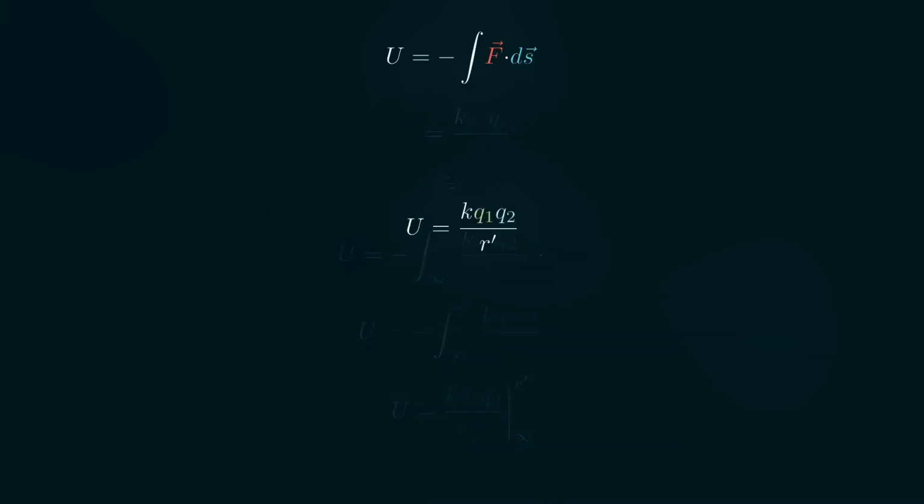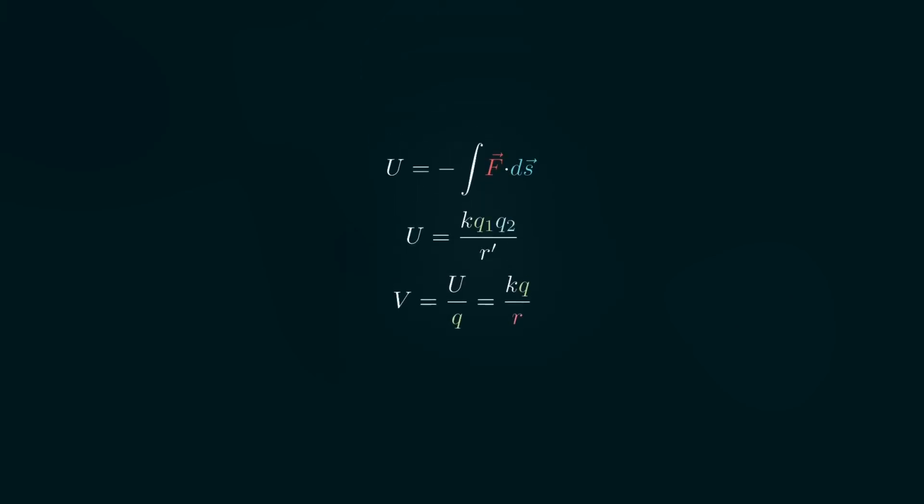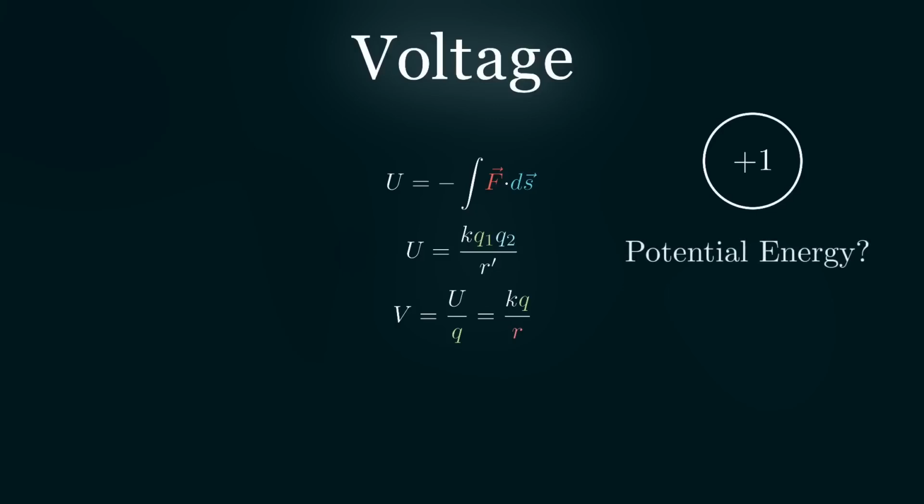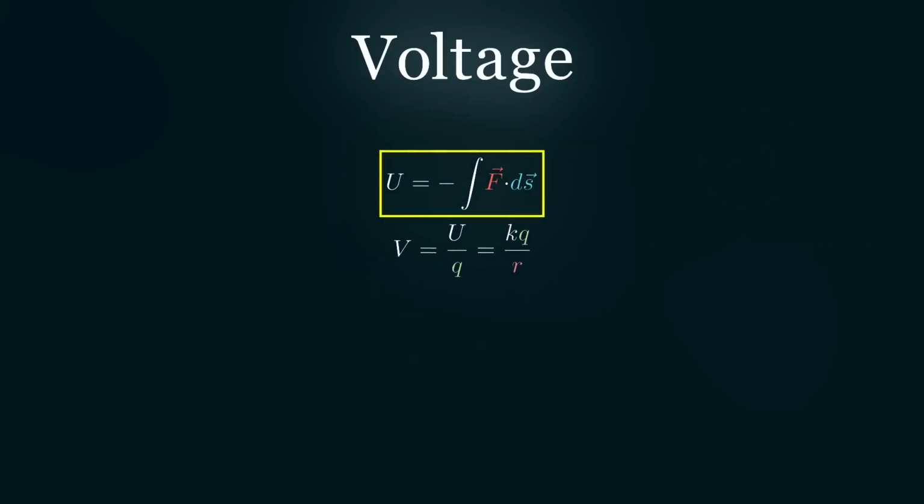And now we're ready to talk about voltage, because voltage is just the potential energy per unit charge at some location. Just like the electric field was asking, what force would I get if I put a +1 charge here, the voltage is asking, what if I put a +1 charge here? What's the potential energy going to be like in that situation? Now, if you look at the equation on the top, you can see that we can also solve for voltage by dividing both sides by the charge.